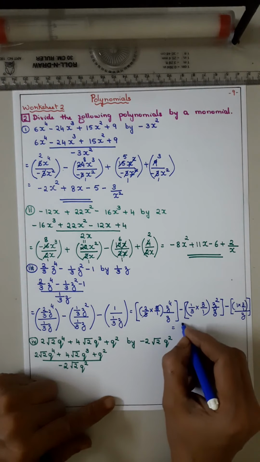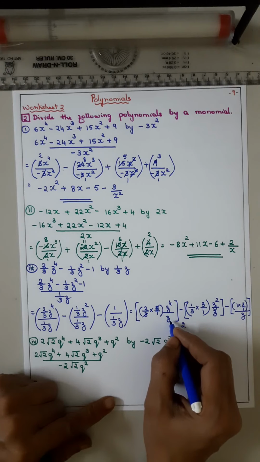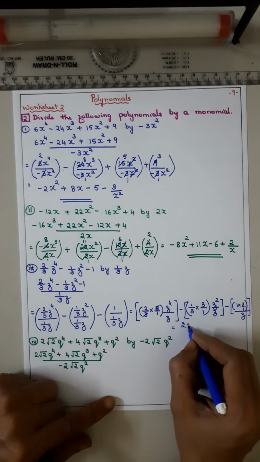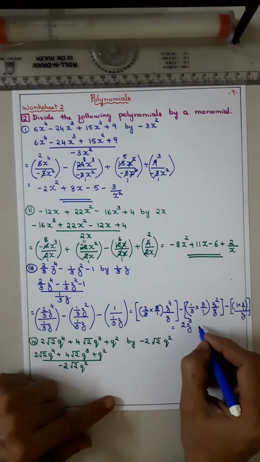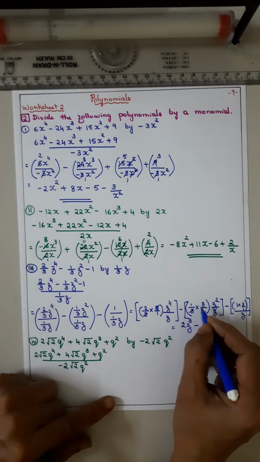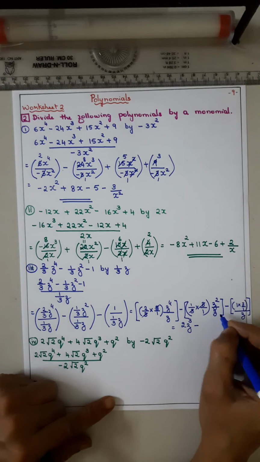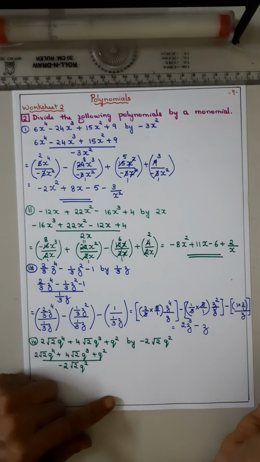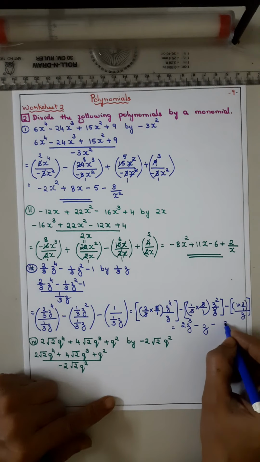Here it is 2 z to the power 4 upon z means 4 minus 1 is 3. Here the sign is minus, 3 gets cancelled. Now z squared upon z, 2 minus 1 is 1, that is z minus, now here it will be 3, isn't it? 3 and denominator is z.